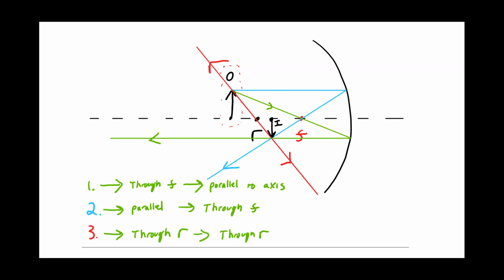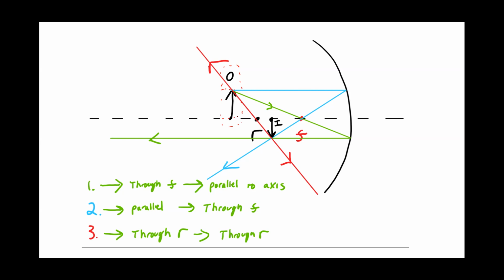So typically I will draw an object like a little arrow, because then the arrowhead gives me a sense of orientation, and the height of the arrow corresponds to the size of the object. So in this case, I've got an upright object, right?